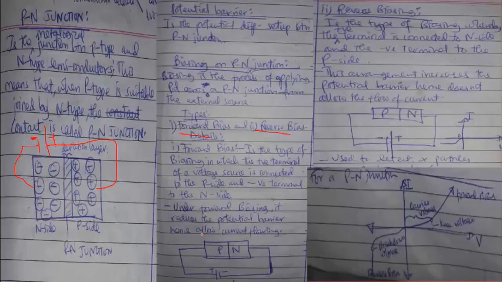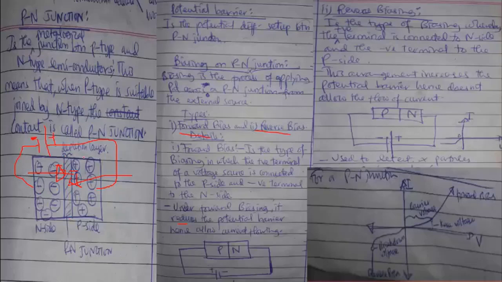Under forward biasing, there is a reduction of the potential barrier, because the negative repels these electrons and the positive repels these holes, so they come close as if trying to cross this barrier. As a result, the depletion layer, which I said is a region free of charge carriers, is reduced, because these charge carriers are forced to occupy this area.